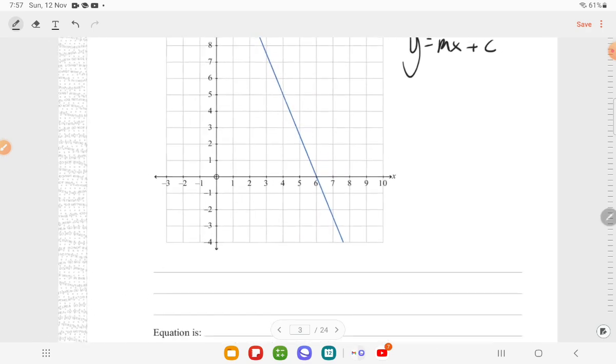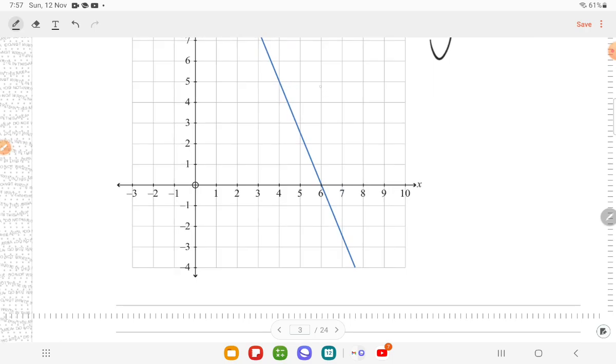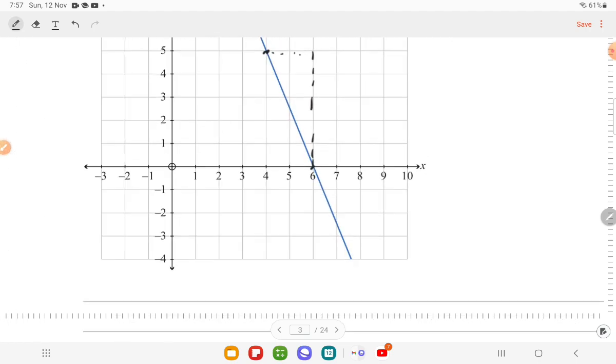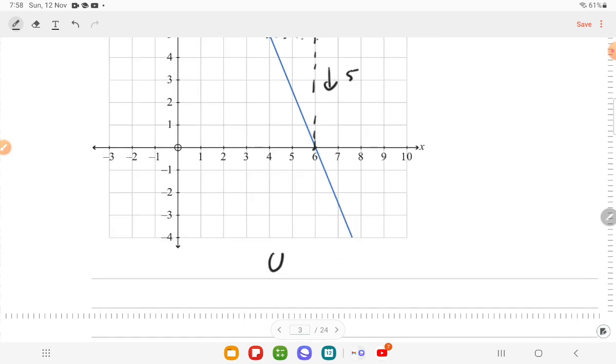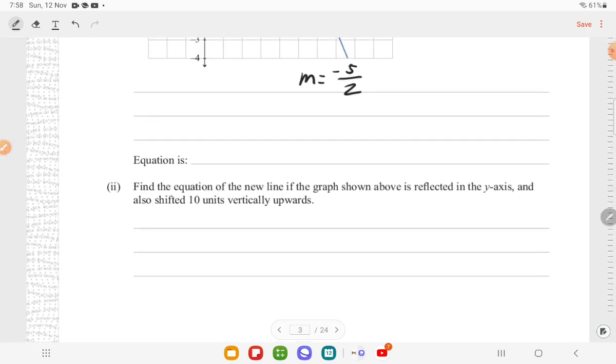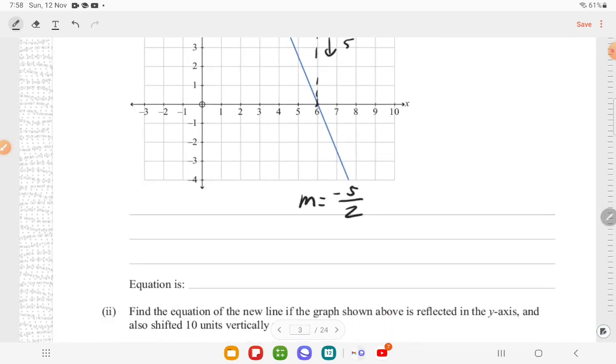We can do rise over run, pick this point here, as we go across 2, it goes down by 5, so the gradient m is equal to negative 5 over 2. And then we can just do y equals negative 5 over 2x plus c.